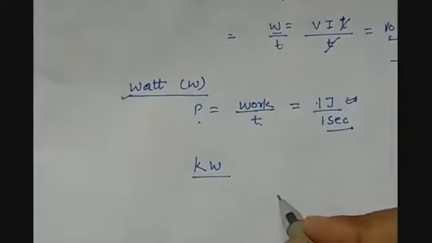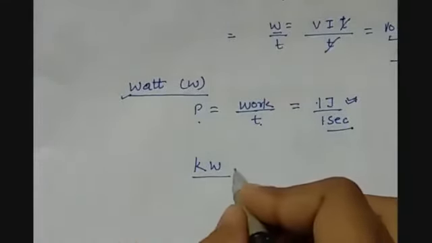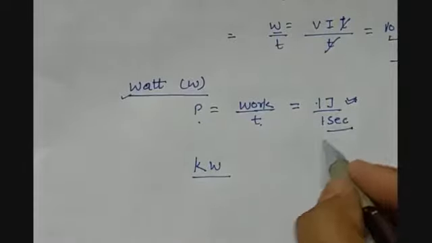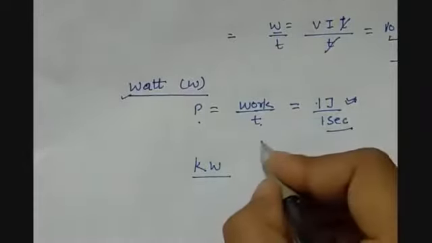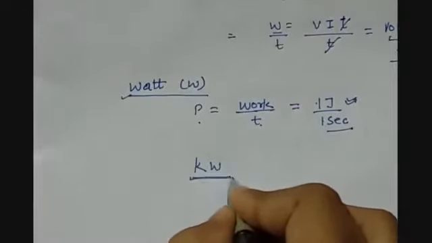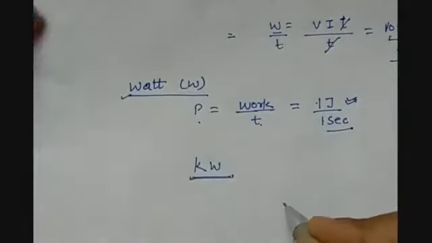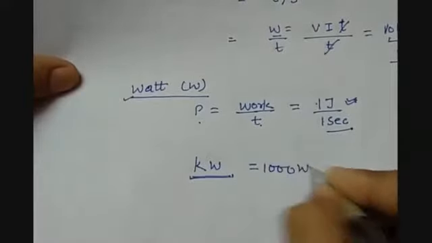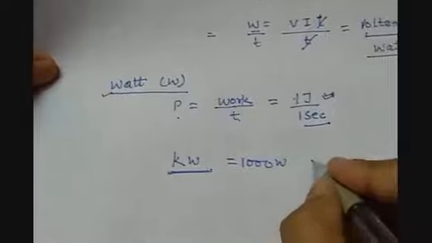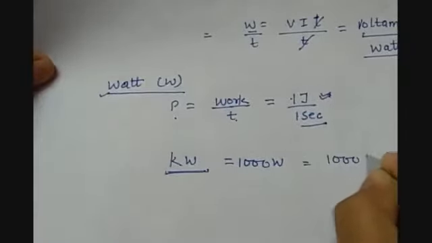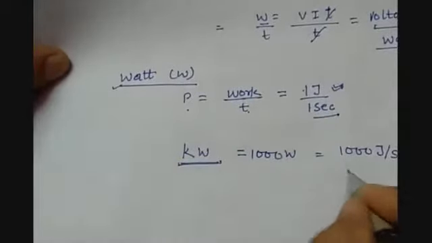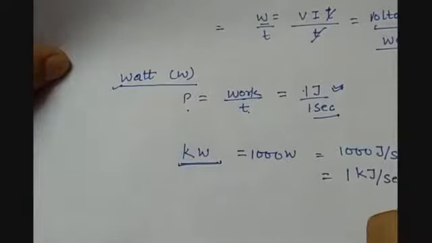The SI unit of power is watt only, and the commercial unit of power is kilowatt. So 1 kilowatt is equal to 1000 watt, or you can say 1000 joule per second. It can also be written as 1 kilojoule per second.